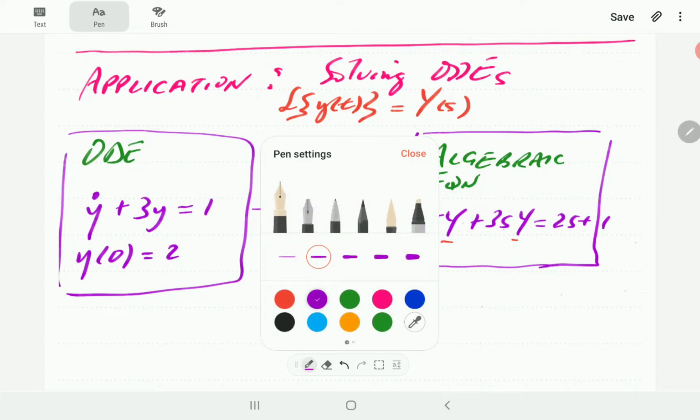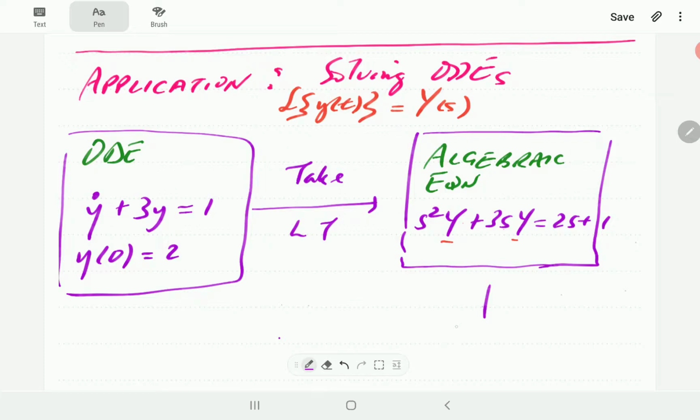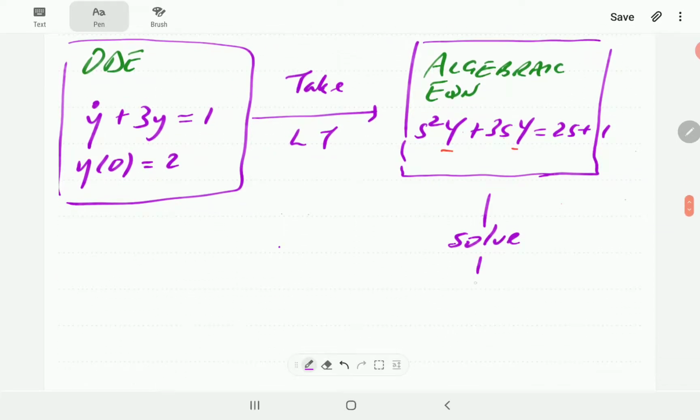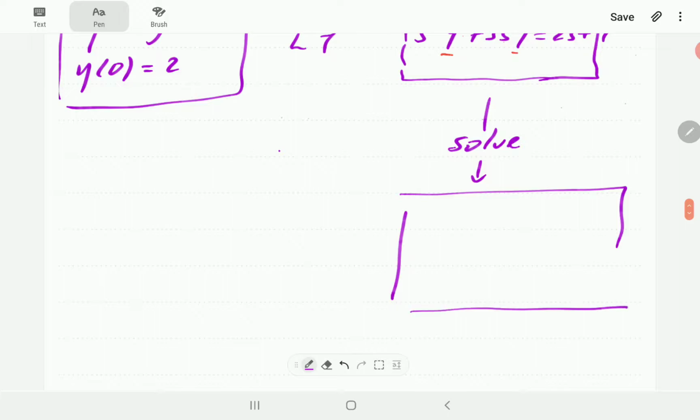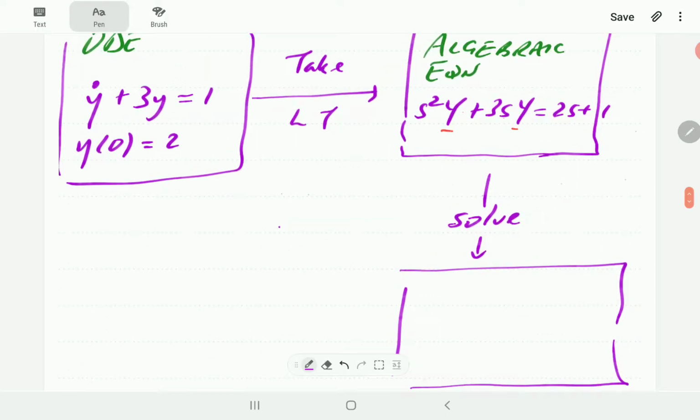Once we have this situation, we can solve it, and this process is typically much easier than if we had to solve the ODE. So we solve this algebraic equation.